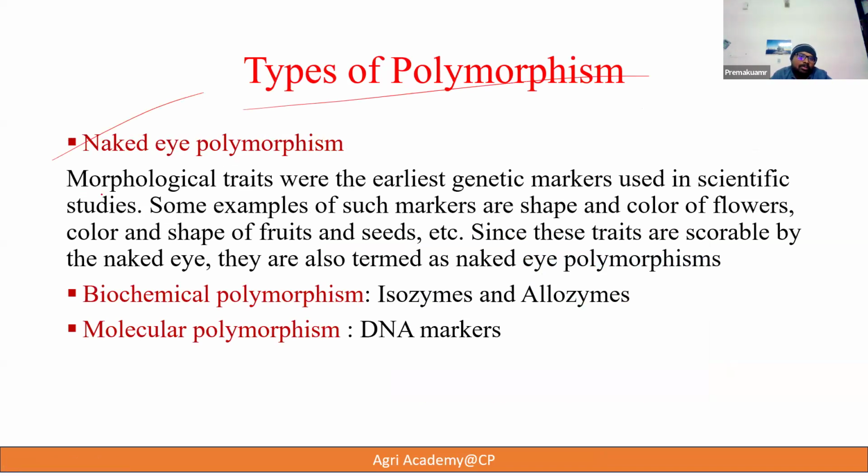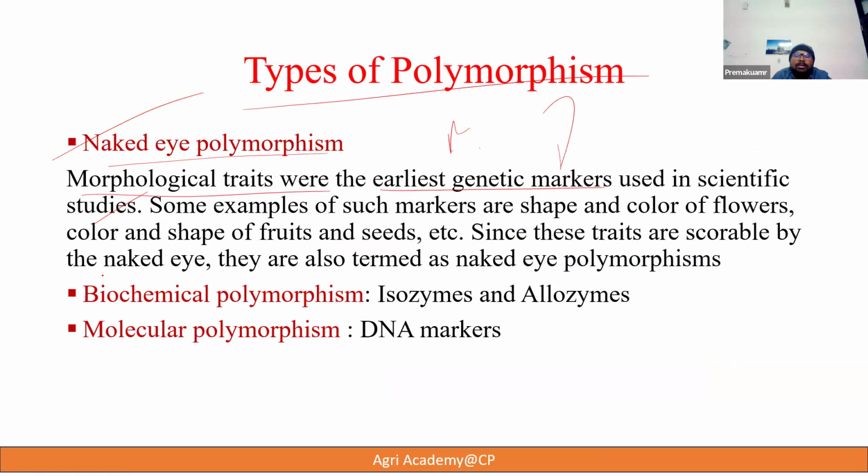It means the morphological traits, which were the earliest genetic markers used in scientific studies. For example, flower color, seed color, fruit size, fruit color, fruit shape, like some are star shape, some are elongate shape. Any observable trait that can easily be scored with the naked eye is called naked eye polymorphism.